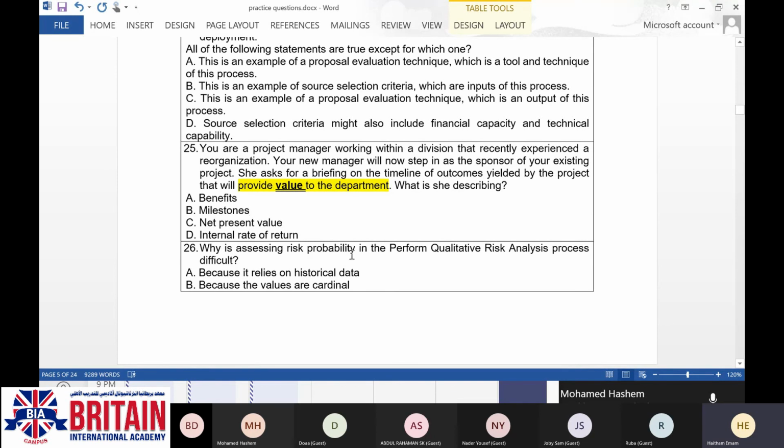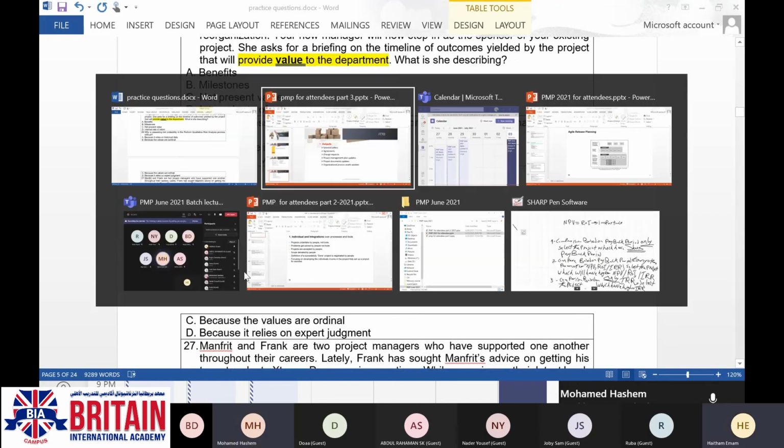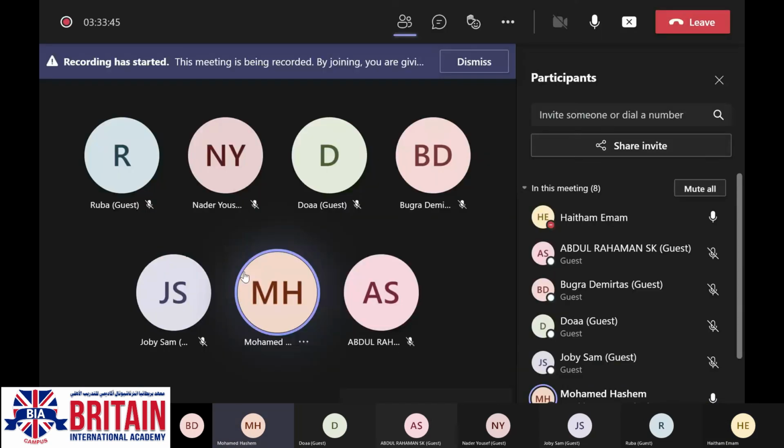Why is assessing risk probability in the perform qualitative risk analysis process difficult? Let me ask Abdul Rahman.